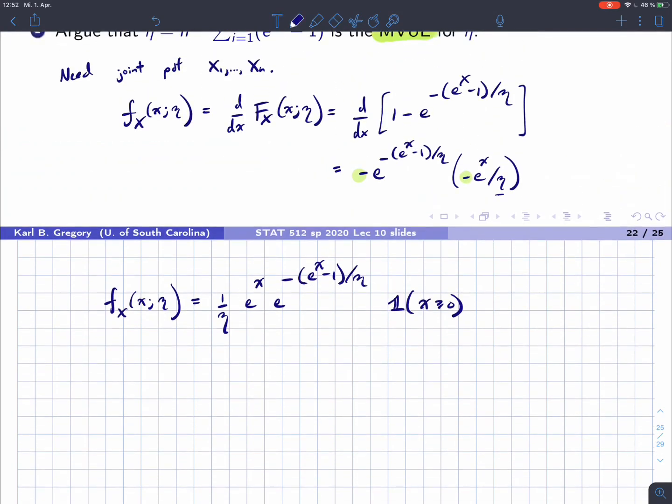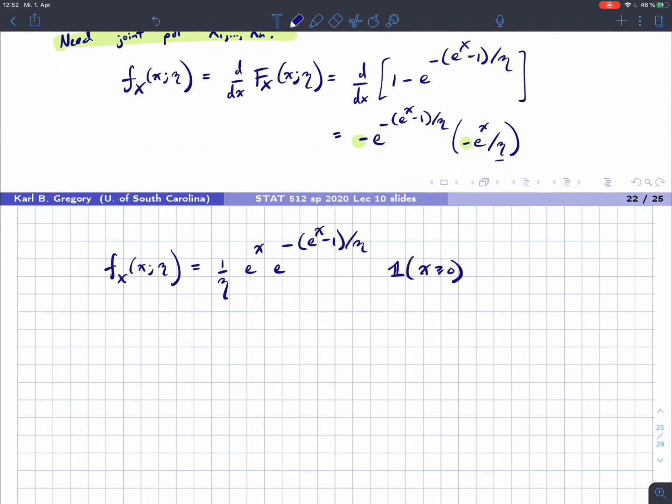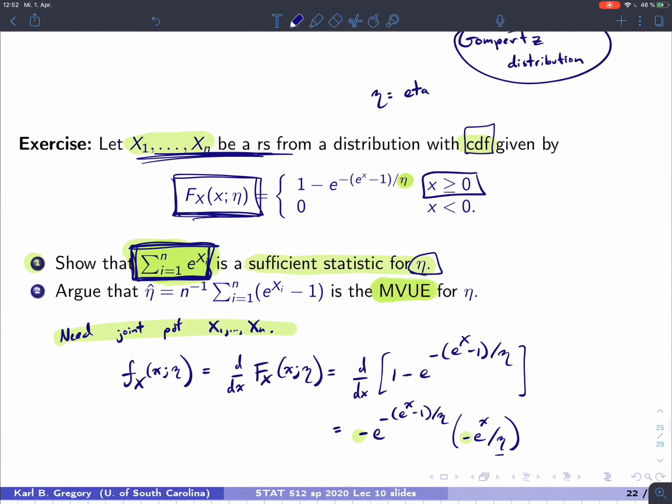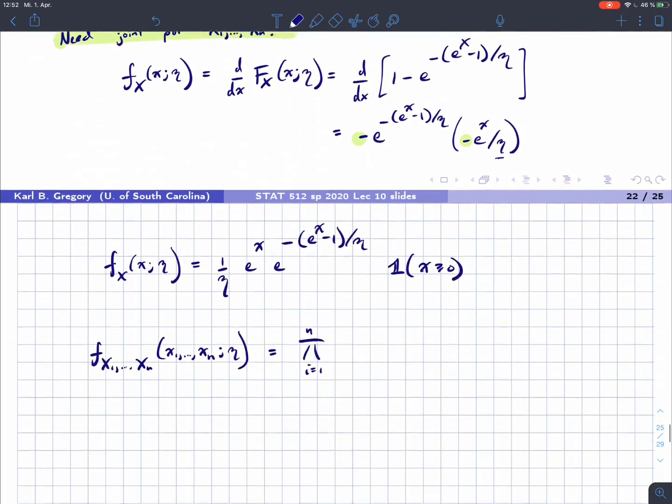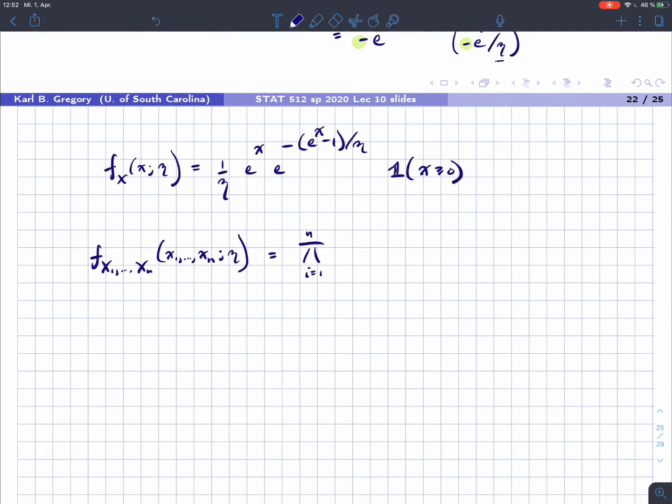Okay, so that's the PDF. Now, remember, we need to write down the joint PDF of x1 through xn. So the joint PDF of x1 through xn is going to be, since I have independent random variables, which is our random sample, all having the same distribution, their joint PDF can be written as a product of their marginal PDFs.